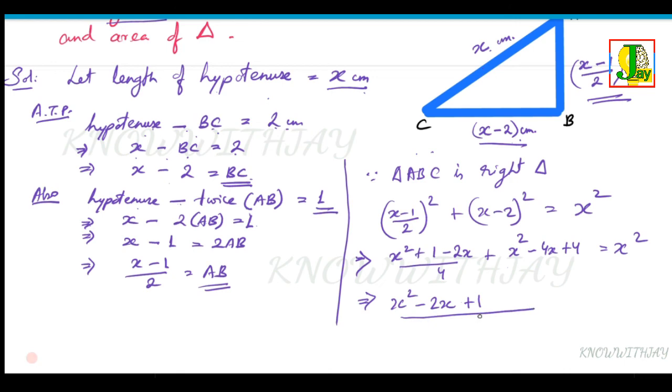If you take LCM 4 now, we have minus 16x plus 16 equals 0.